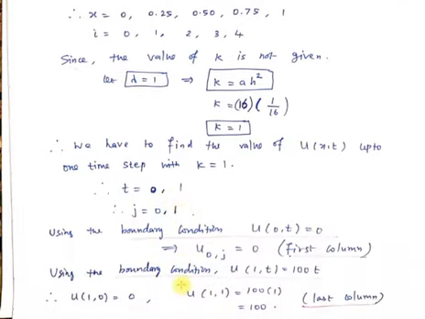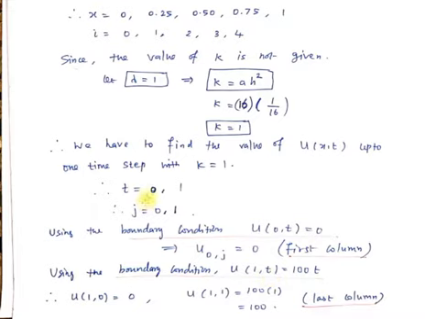Using the boundary conditions, x equal to 0 and x equal to 1: u(0, t) equal to 0, so the first column will be 0. The other boundary condition is u(1, t) equal to 100t. So we put the values for t.